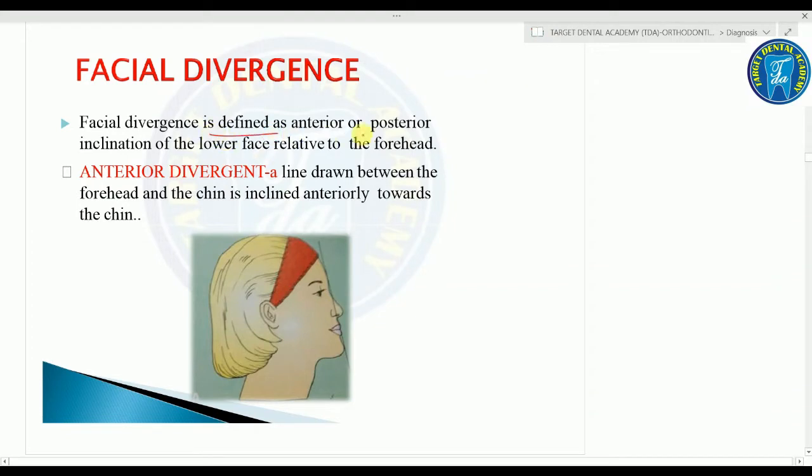So the facial divergence is defined as the anterior and posterior inclination of the lower face. Right? So for the anterior divergence, a line is drawn from the forehead to the chin straight away. If the chin is lying anteriorly, it means the patient has an anterior divergence. See, the facial divergence is always dependent upon the position of the chin.